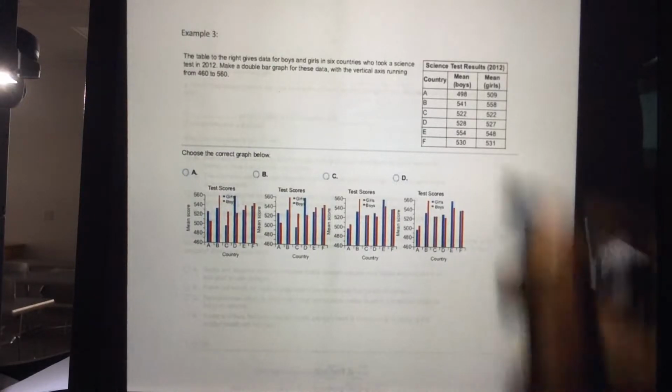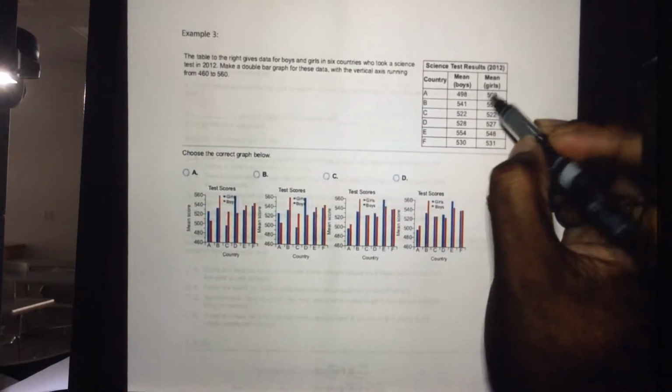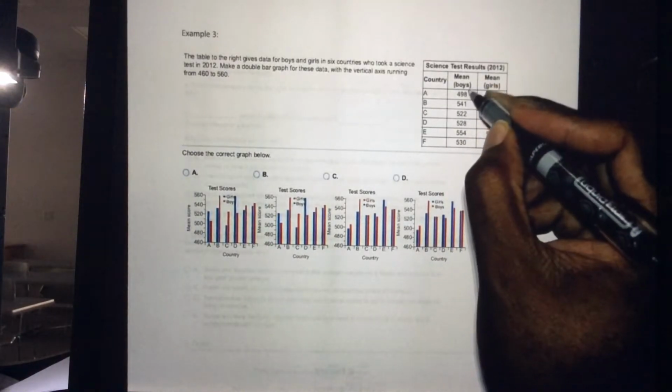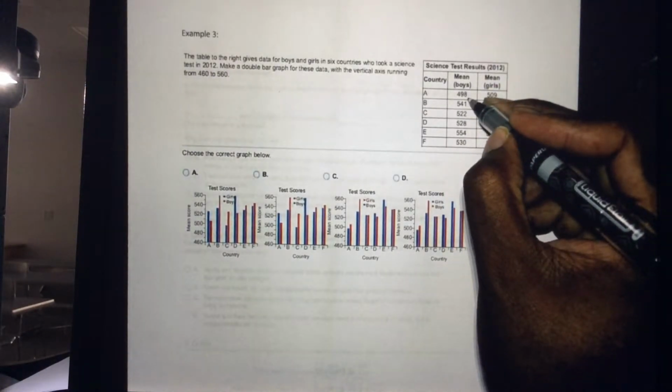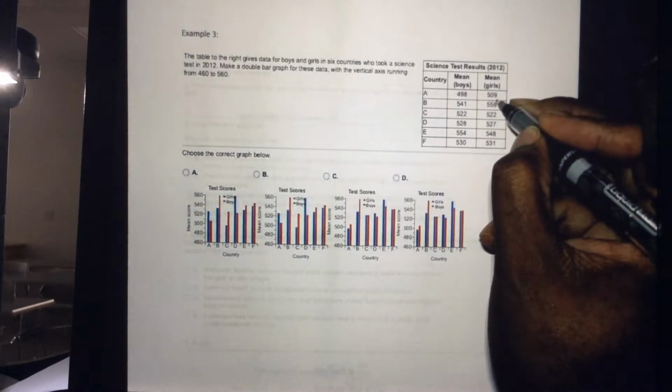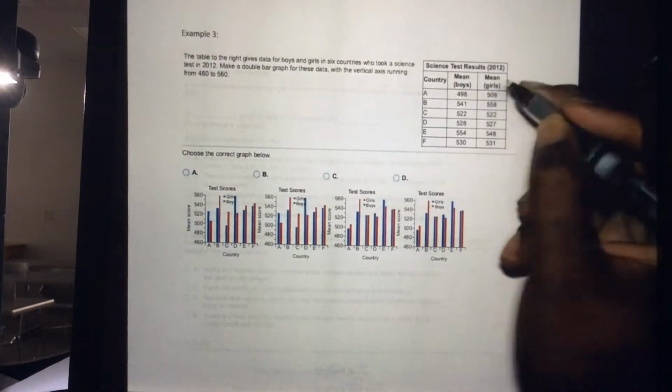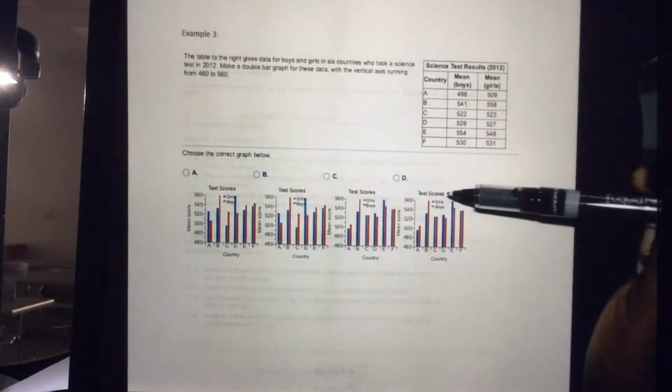In this case, if I look at country A, notice the mean for the boys is 498 and the mean for the girls is 509. That will mean the bar for the girls has to be taller than the bar for boys. And we have to look at the legend very carefully here.